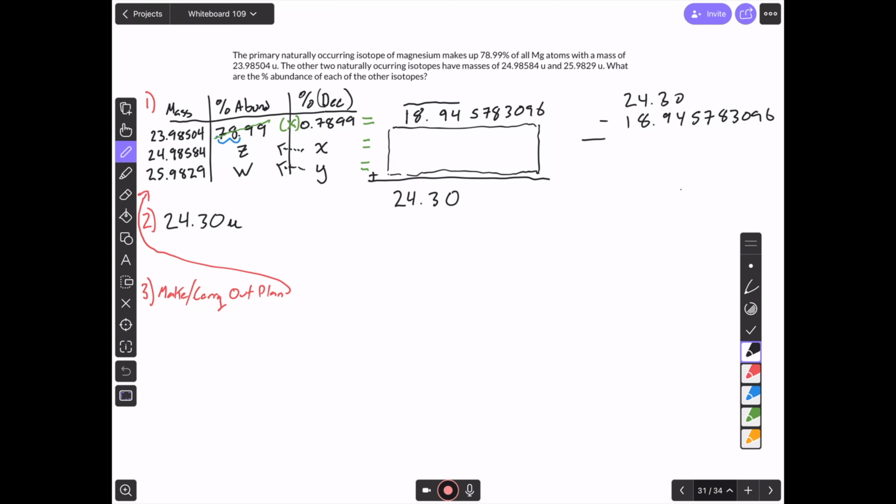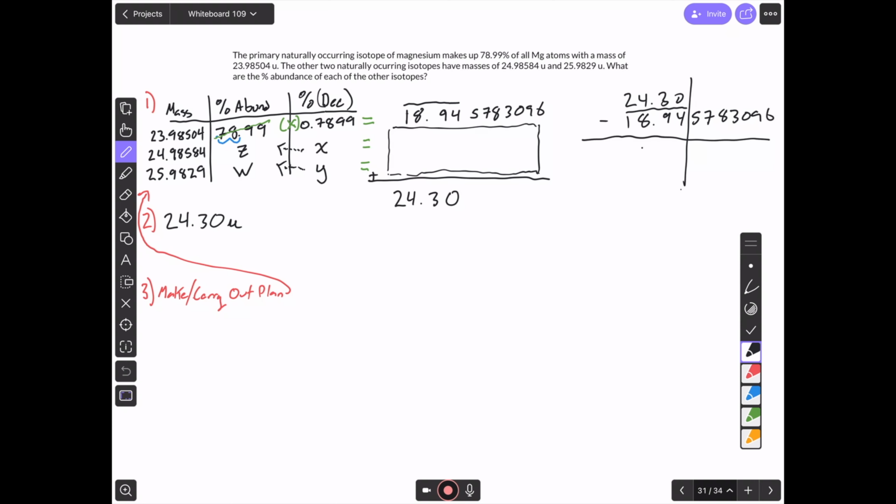And what we're doing here is, again, making our plan using the plan we already know to get it down as simple as possible to see how we can solve this. 24.30 minus 18.945783096, and that's going to be to here.